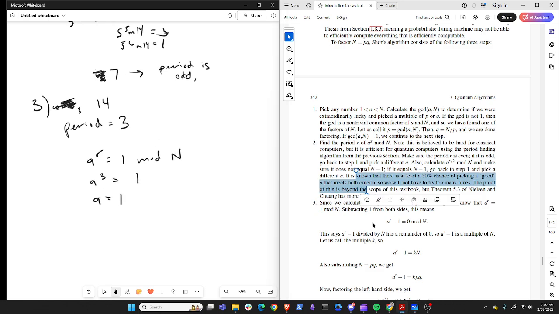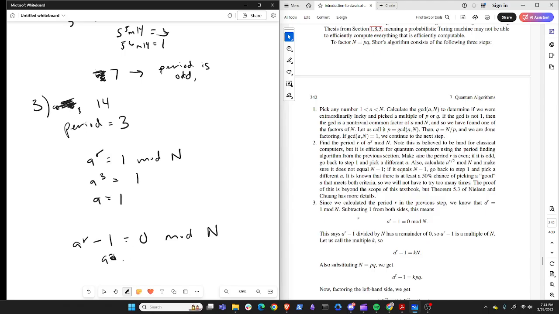So a is 1. We know that a raised to the r power is 1 modulus n. So subtracting 1 from both sides gives us a^r minus 1 equals 0 modulus n. So a raised to the r power minus 1 divided by n has a remainder of 0. So a^r minus 1 is a multiple of n. a^r minus 1 equals kn.